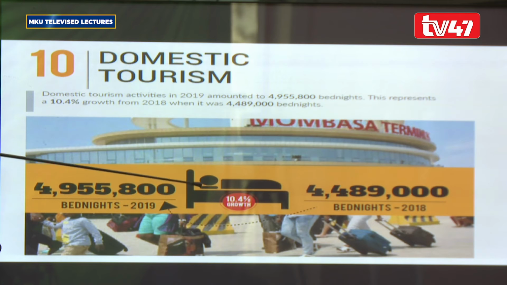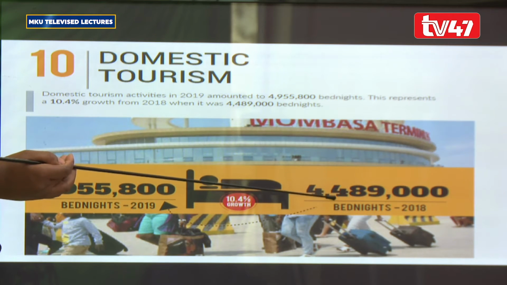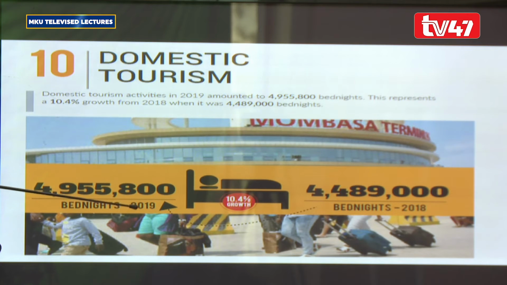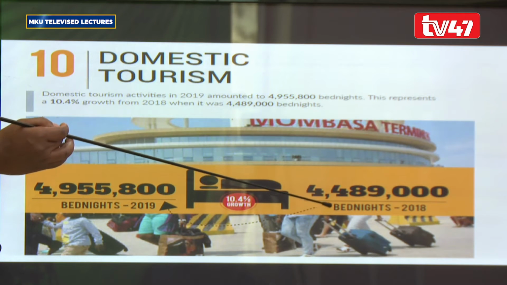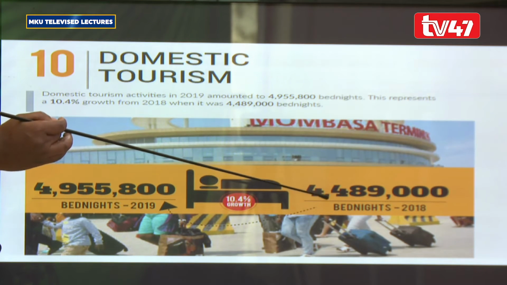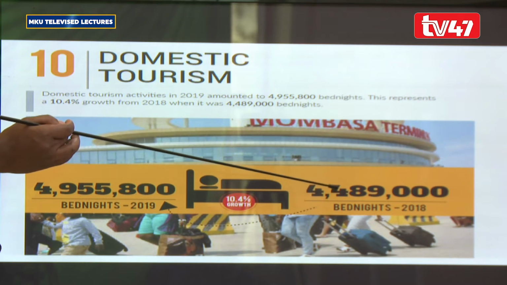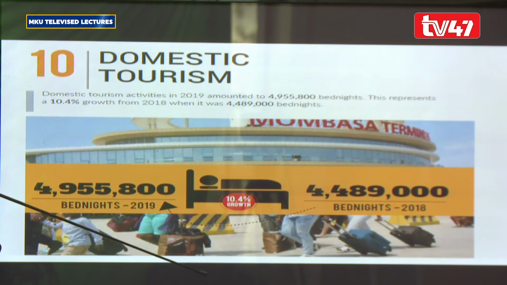Now, this is a comparison of what has happened in the last 2 years, 2018 and 2019. And we can see that the bed nights, that is how we calculate the number of domestic tourists based on bed occupancy, were 4.48 million, and in 2019 it was 4.9 million tourists.